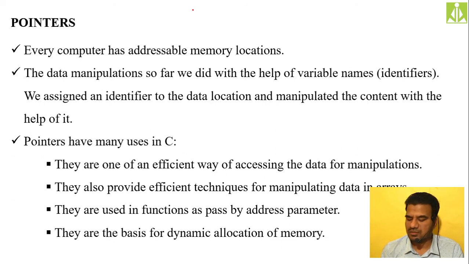Because your computer memory has addresses, the CPU, the central processing unit inside the computer, is easily accessing those memory locations, or we can say it has direct interaction with the computer memory. So if you read the first point over here, every computer has addressable memory locations. Addressable memory locations are nothing but every memory location is going to have some unique address.